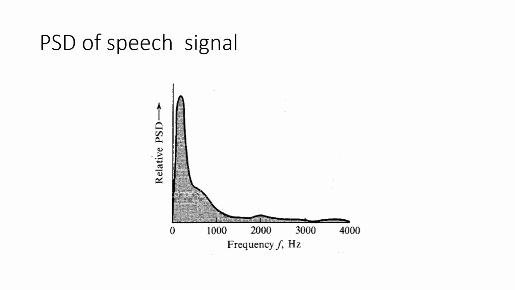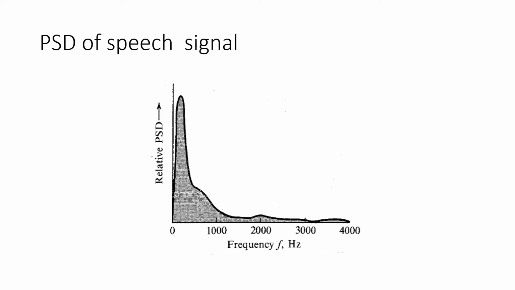The frequencies above 2.1 kHz are weak, hence they have less power. So the frequencies above 2.1 kHz are more affected by the noise. Then what is the solution to this? The solution is to make them strong.